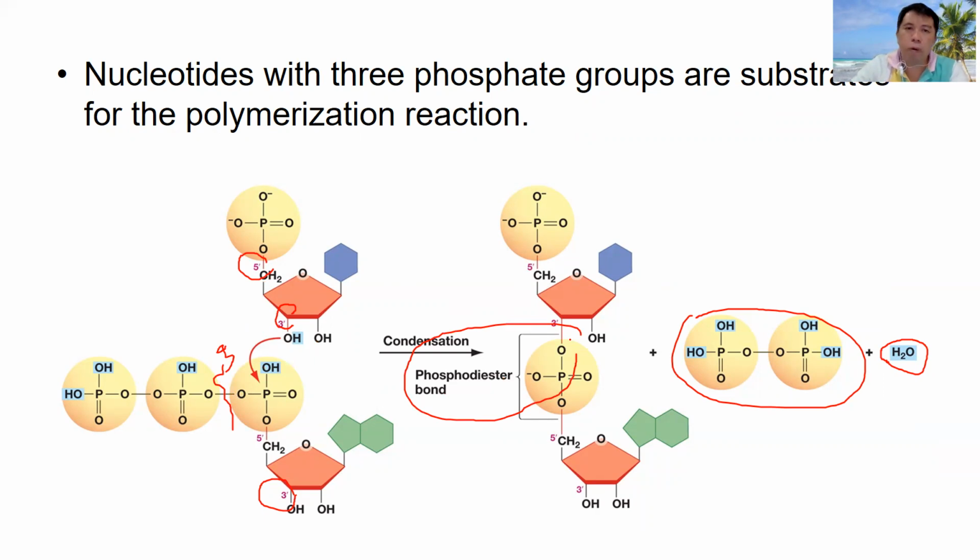Therefore the polymerization, or formation of a polynucleotide, in either RNA or DNA, does not require additional energy from an external source, because the process itself is an exergonic reaction.